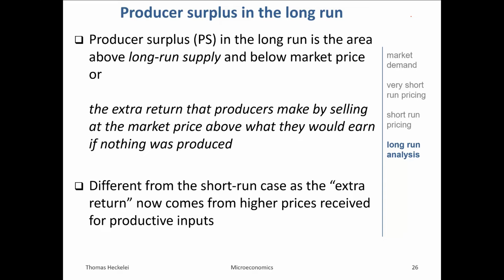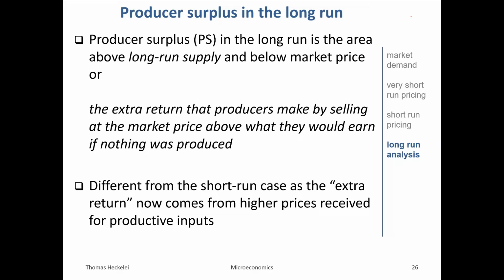That could be the product-producing firms themselves who own these scarce productive inputs, or it could also be someone who owns them but doesn't produce themselves and rents out the input.